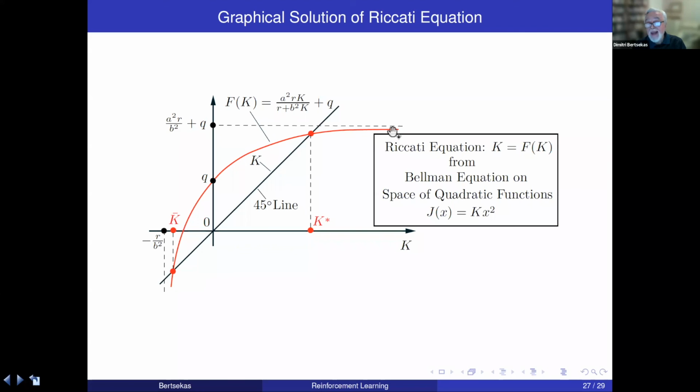It is concave. It asymptotically goes to this level. And you can see that by taking k to go to infinity. If k goes to infinity, then this R term drops out. And then what you get in the limit is this expression here.